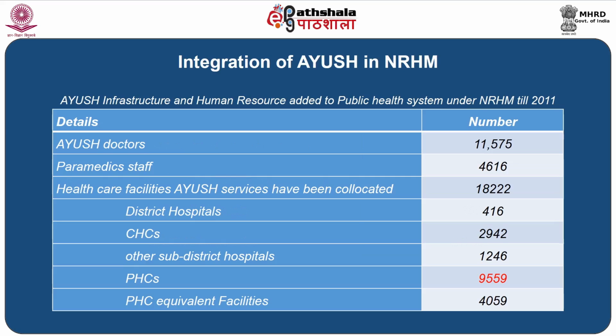Some of the hospital infrastructure has also been upgraded, where we find that at the district hospital level, about 416 district hospitals have an Ayush department. About 3,000 community health centers have Ayush doctors there. And in addition to that, about 10,000 of the PHCs have Ayush doctors there.